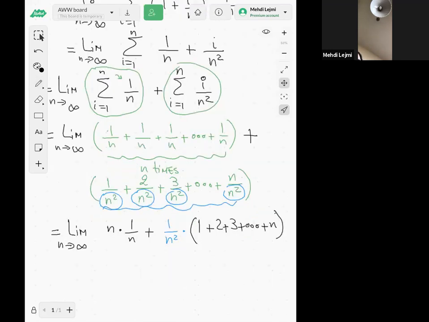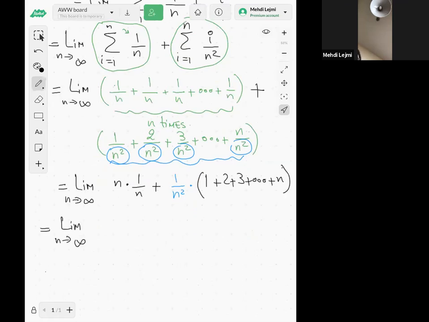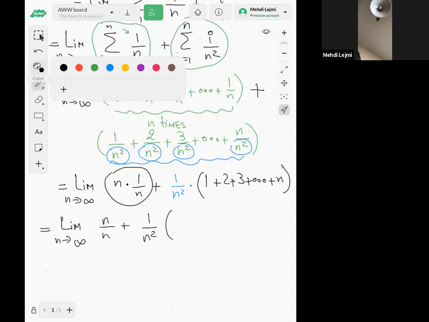So that would be limit n going to infinity. This n times 1 over n, of course, will be n over n plus 1 over n squared. And then this sum here, 1 plus 2 plus 3 plus etc. n, that will be n times n plus 1 over 2.